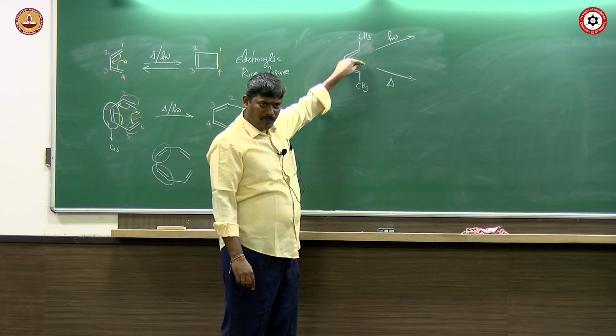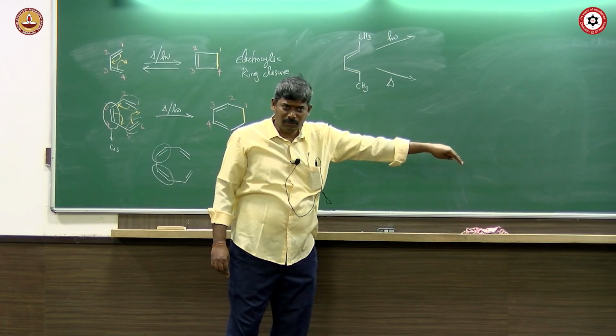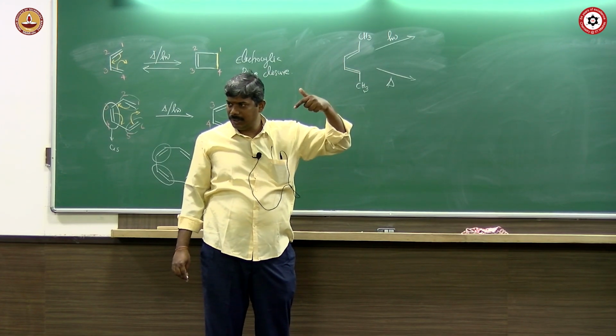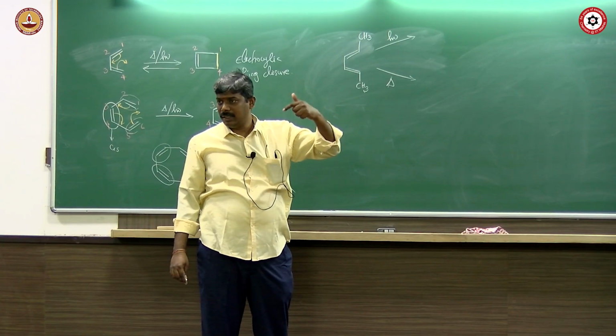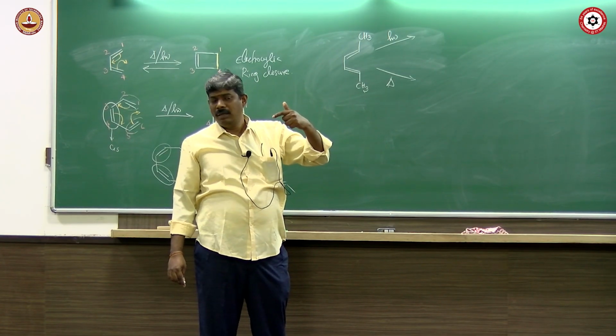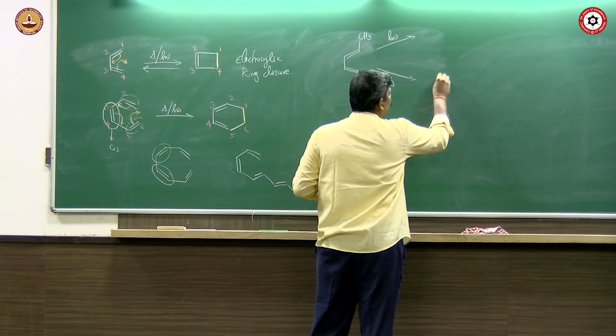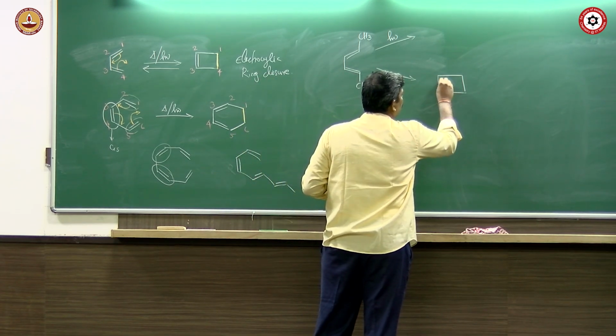The geometry of the olefin is the same. Remember the 3 conditions I told you. So the electron count is the same, the geometry of the alkene is the same, but what I am now changing is the condition, whether thermal or photochemical. So thermal would give you, what product would you expect here?